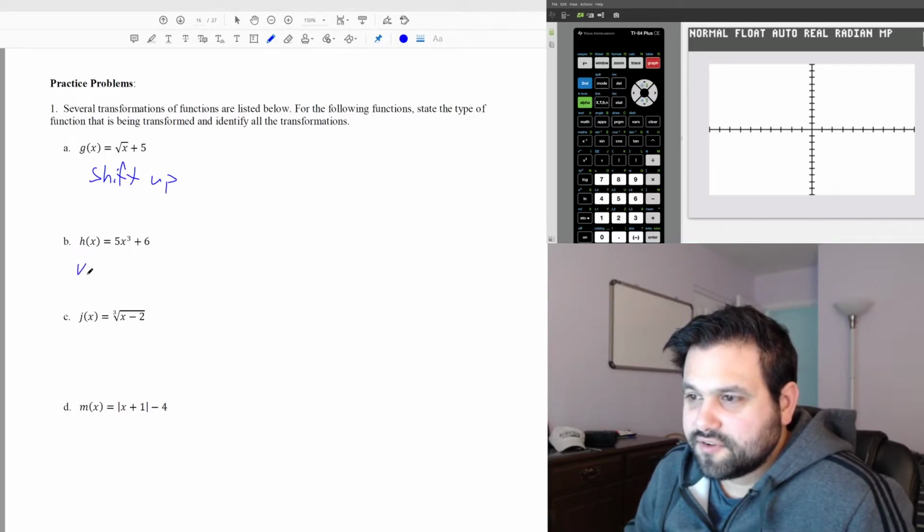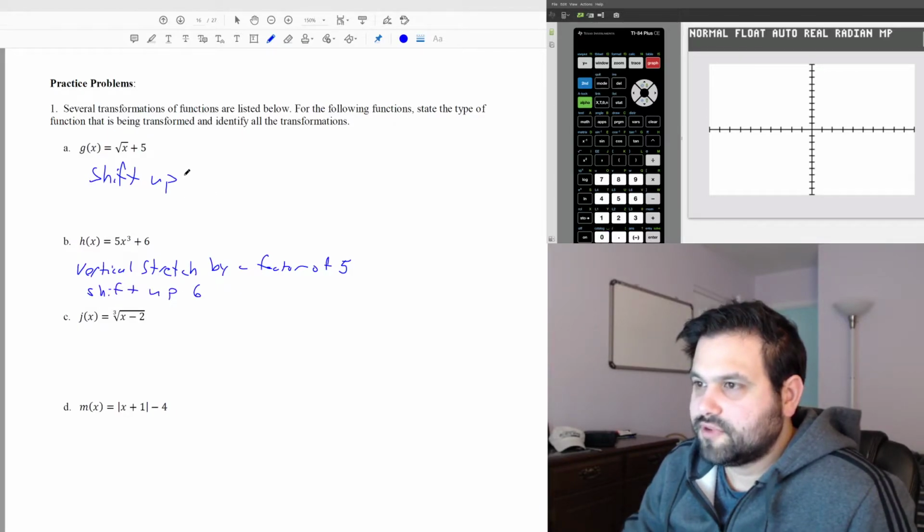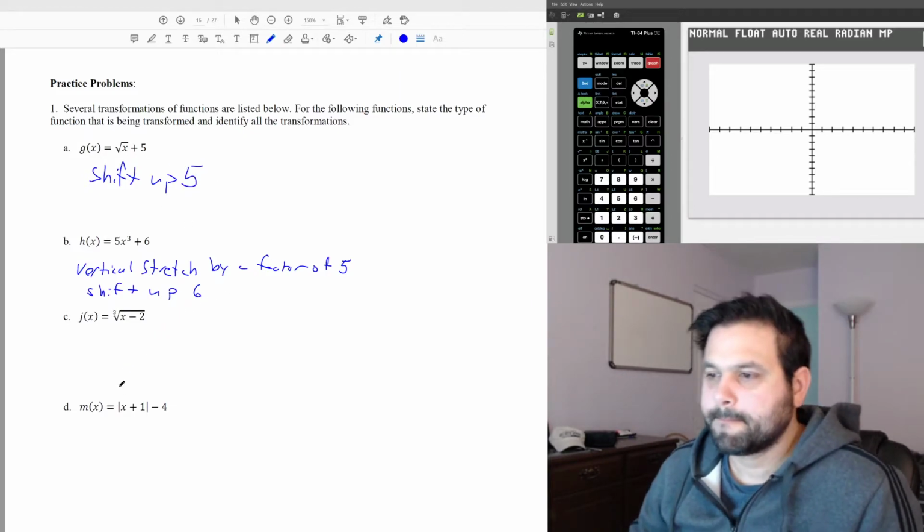So this is a vertical stretch by a factor of 5 and a shift up 6. I should probably specify how much we're doing these things by.